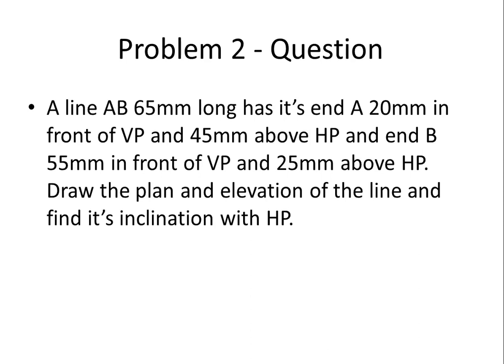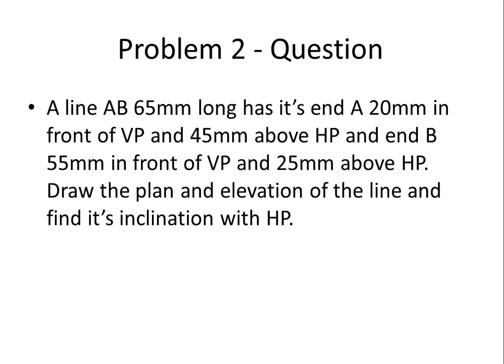If you say that the front view of a point is above XY, you can always say that it is either in the first quadrant or in the second quadrant. So the moment you get the position with respect to the other plane, you can immediately decide in which quadrant this point is going to lie.